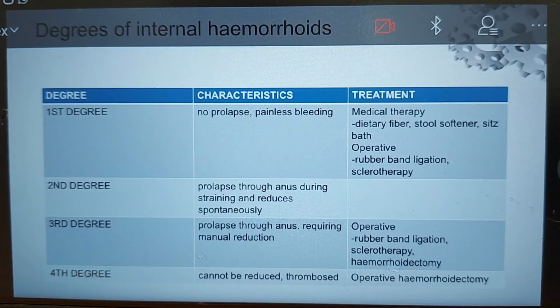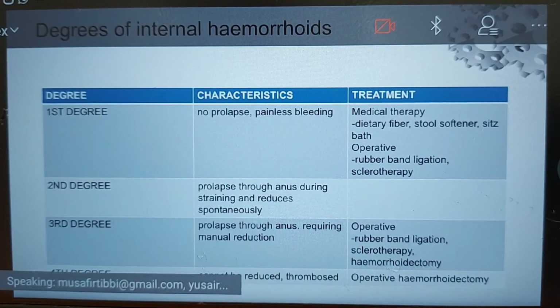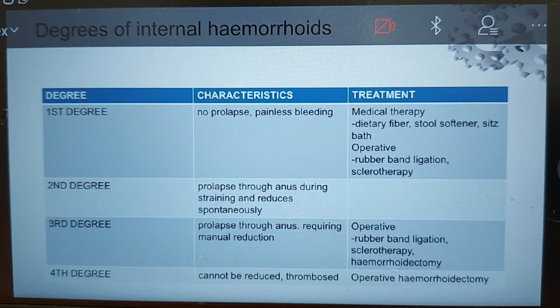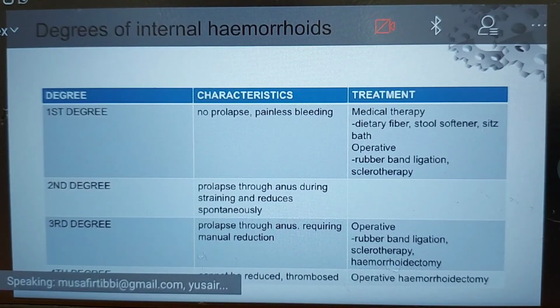Second degree: prolapse but reduces spontaneously. If the patient is bleeding, and after you band the patient, it still recurs again, you surely wouldn't go for open hemorrhoidectomy straight away. So what other things do you know of? Where have you come across?